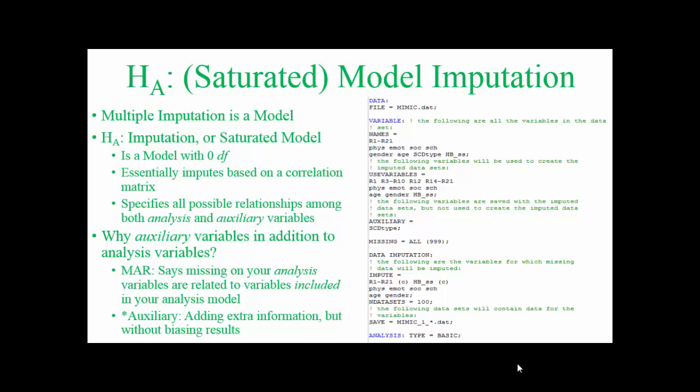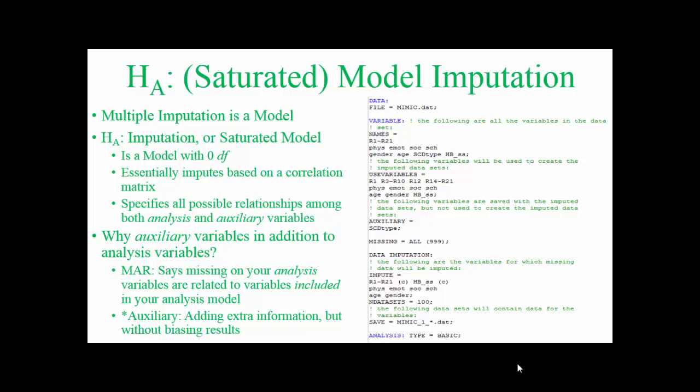So, those of you familiar with Mplus will recognize the script on the right. Those of you who aren't, not a big deal. I can walk you through it. We're going to use all 17 of these responsibility or R items that have missing, but we're also going to use the pediatric quality of life physical, emotional, social, and school subscales in addition to age and gender, and hemoglobin type SS is our covariate.